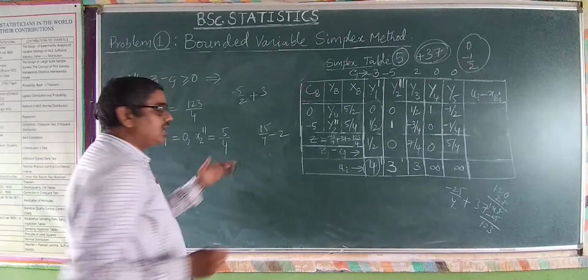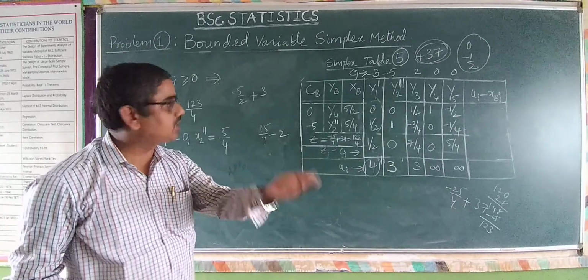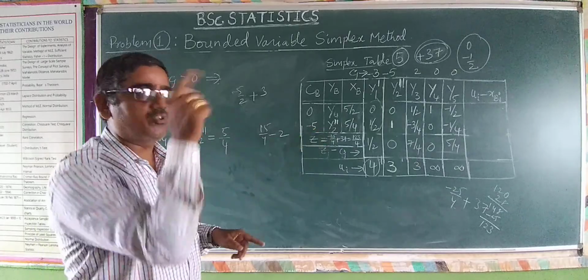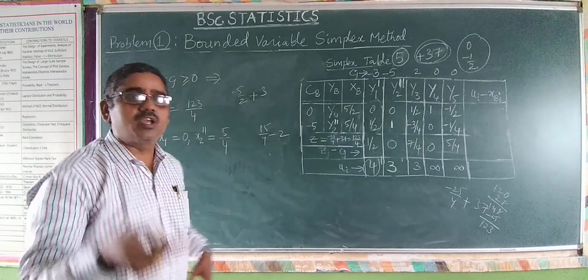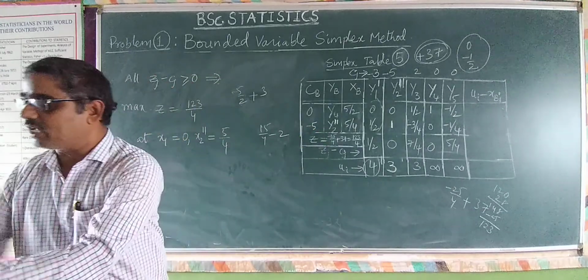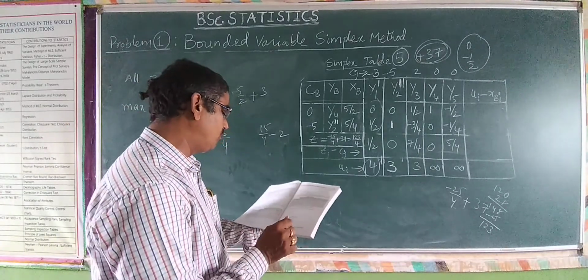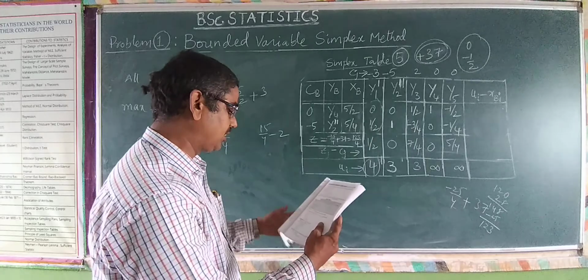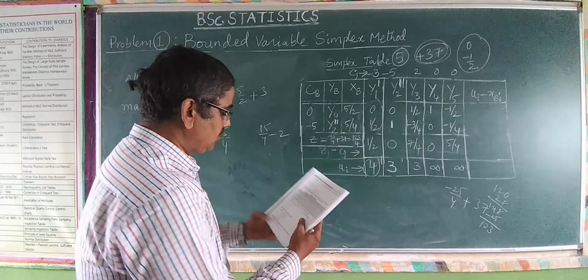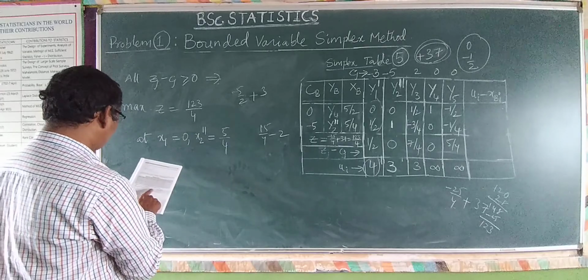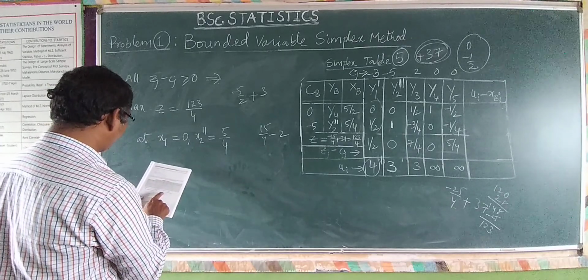And we have to calculate x2 and x1 if necessary. If x2 double dash is known, we calculate x2. Okay, we come back and calculate x2. What is the value of x2? I did not remember, so I take the value from the textbook. And from all the values I calculated, x2 double dash is 5 by 4.